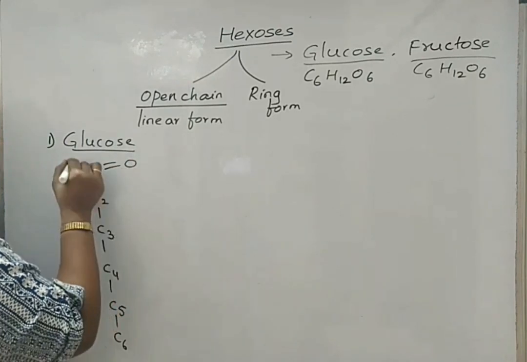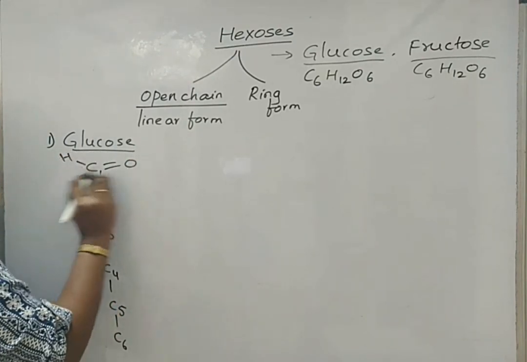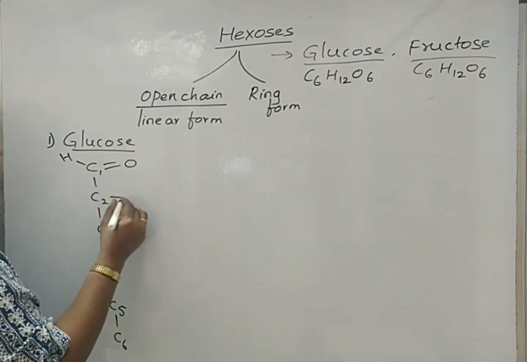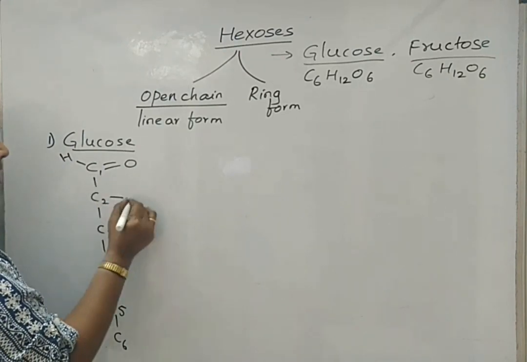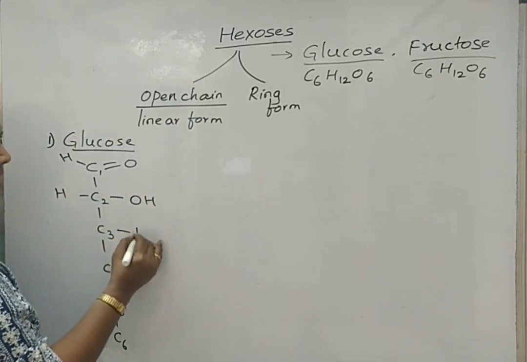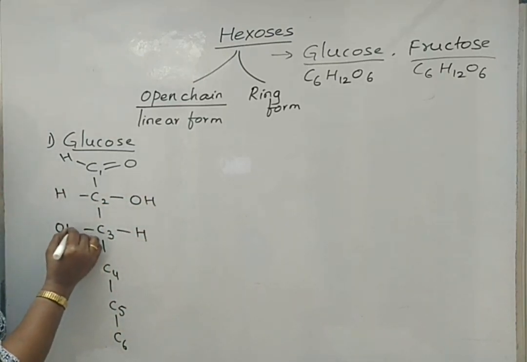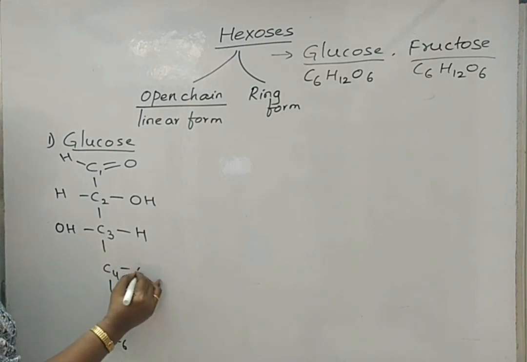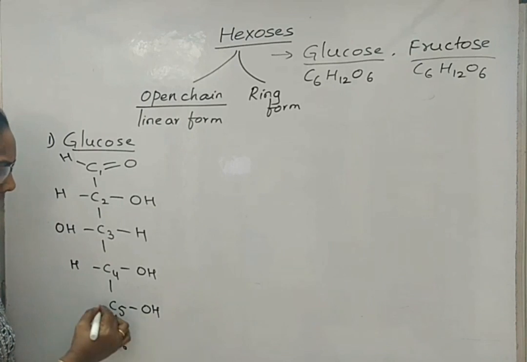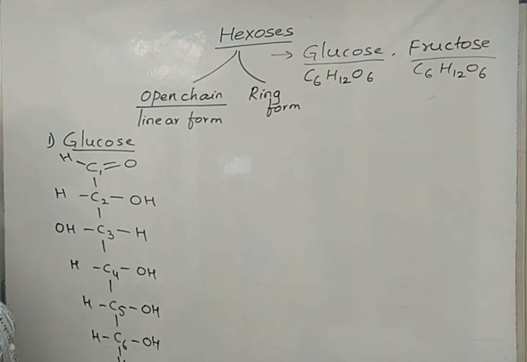Here there is an aldehyde group at carbon 1 of glucose, and at the second carbon there is OH, H, then H and OH, OH and H, OH and H, and H.